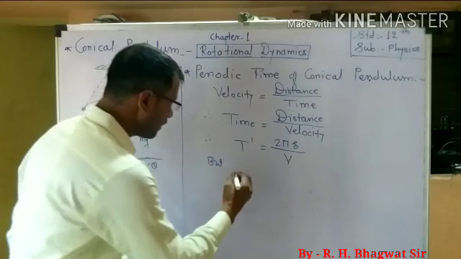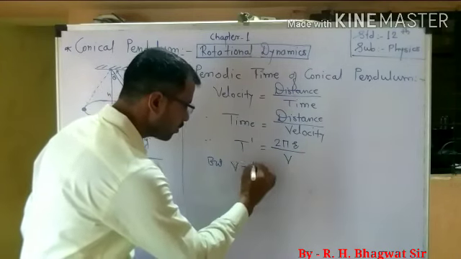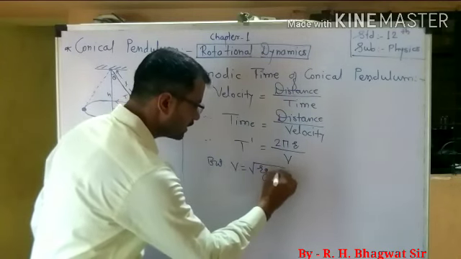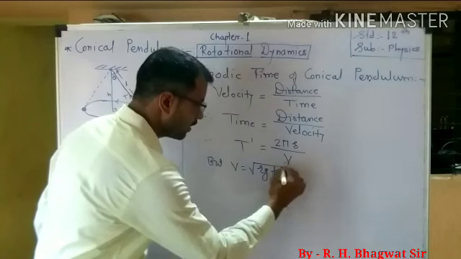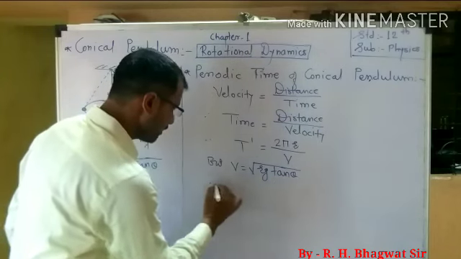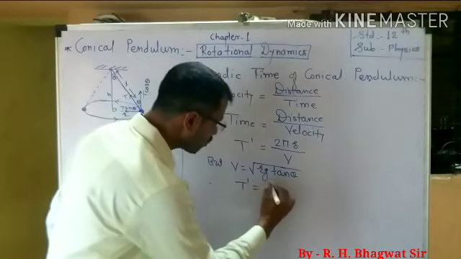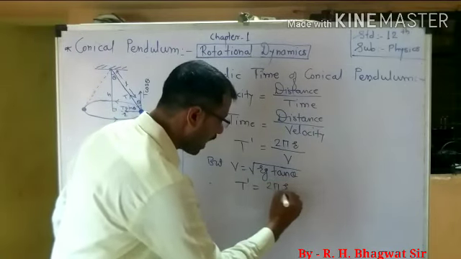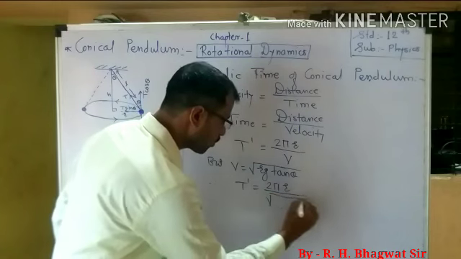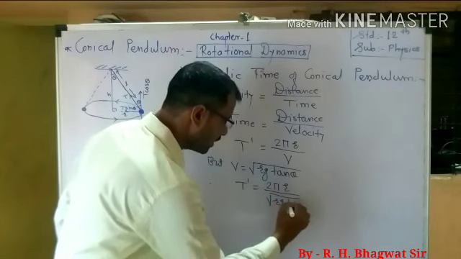Therefore, T prime, or periodic time of the conical pendulum, is equal to 2 pi into r divided by under root rg tan theta.